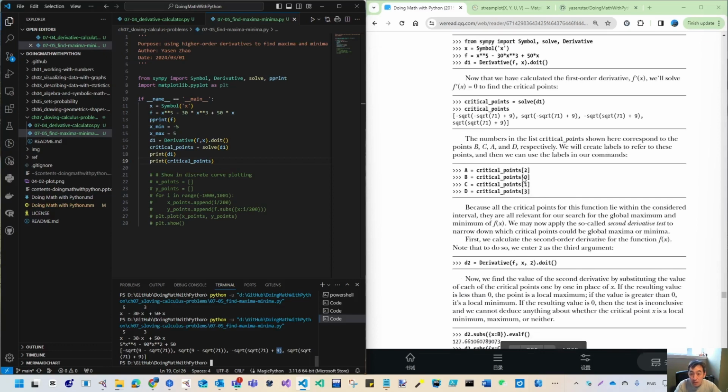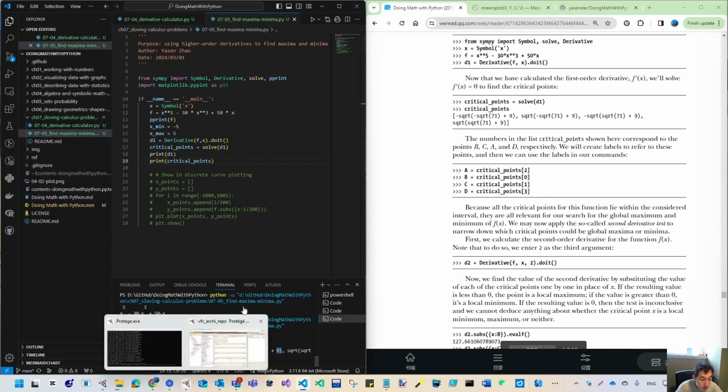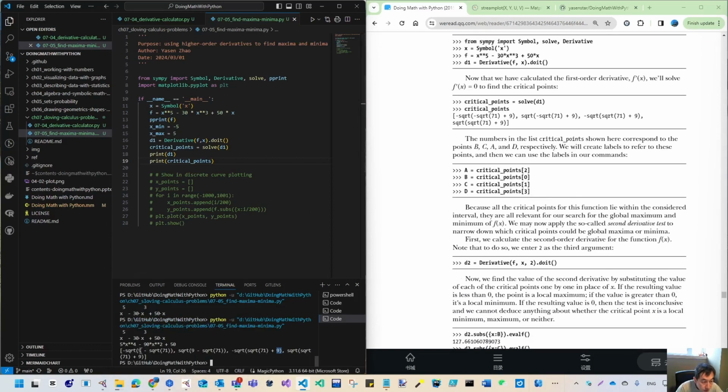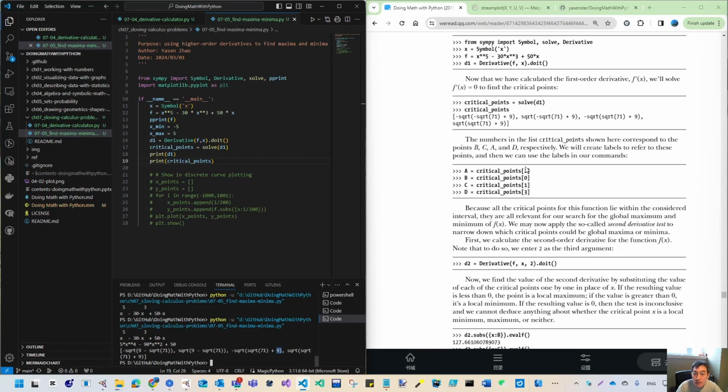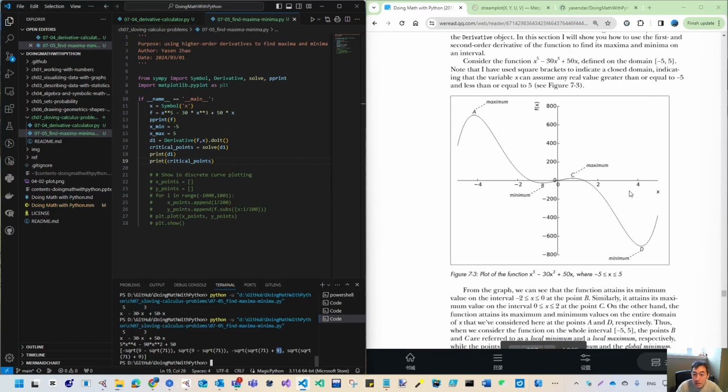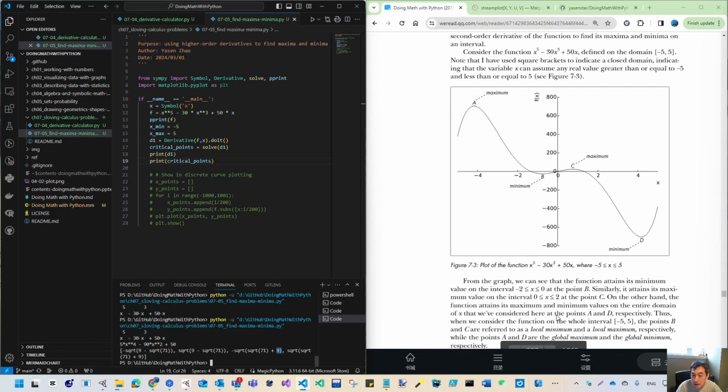So we can see here this A is the third one, which is the lowest, and B is the highest. C is this one. A, B, C. So A is maximum. D is the lowest.